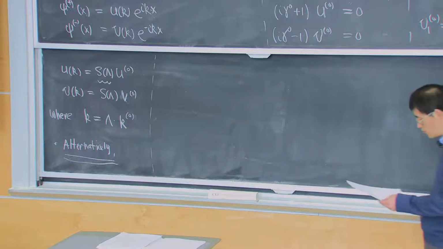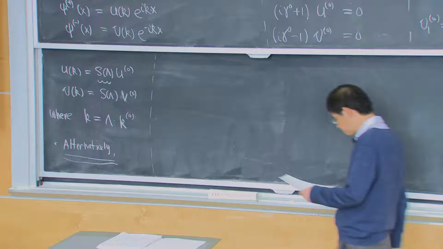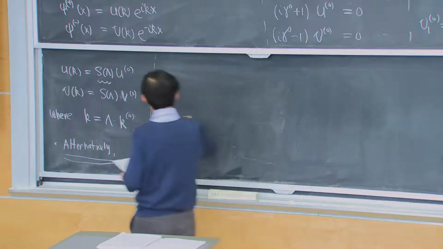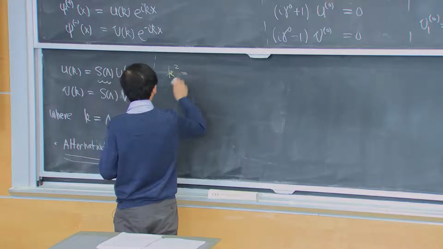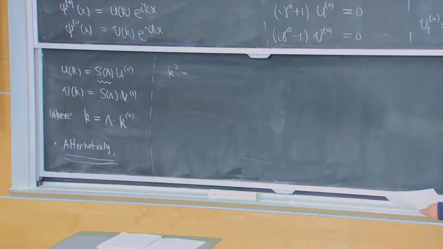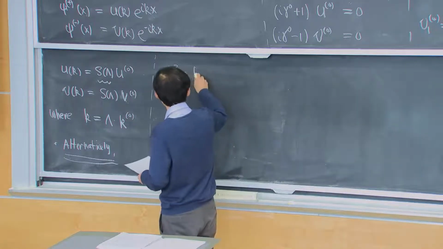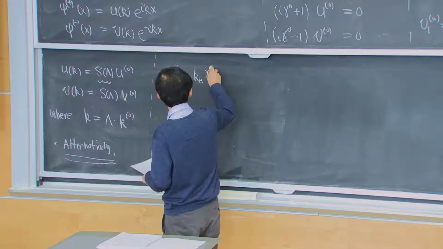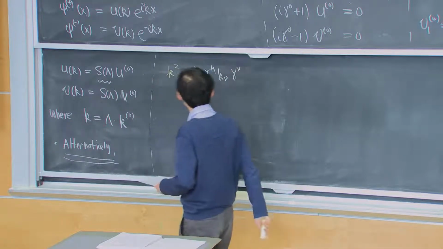The alternative is a simpler way, by observing an identity. If you look at k-slash squared, you have done something similar in your problem set. By definition this quantity is k_μ γ^μ k_ν γ^ν.